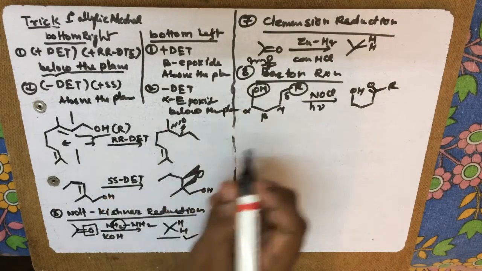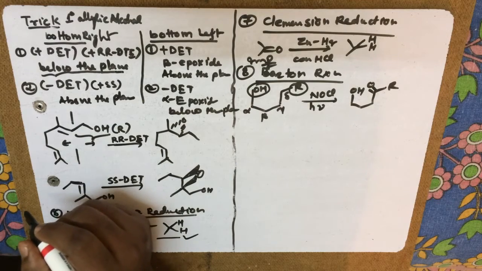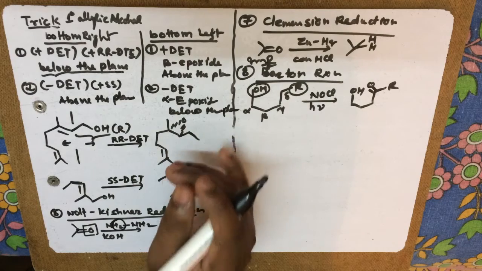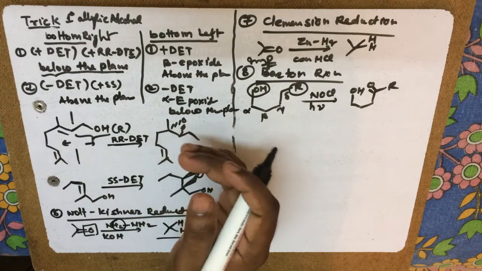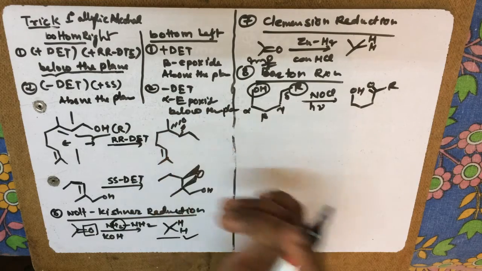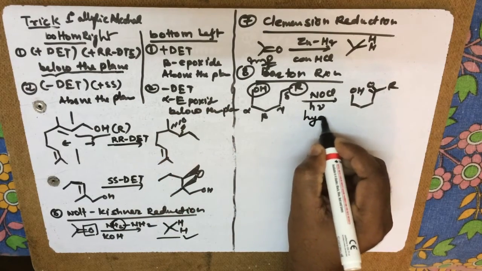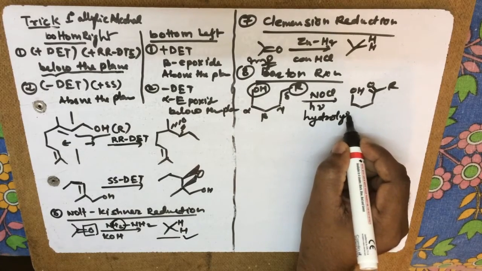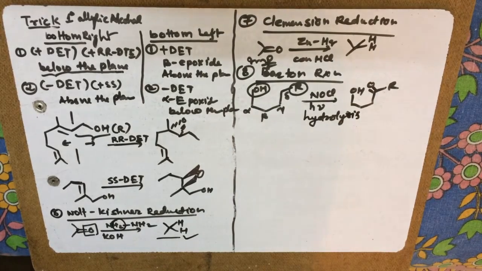So this is the Barton reaction. The substrate is treated with NOCl followed by hydrolysis, then you will get the product. I'm not going to tell you the mechanism.